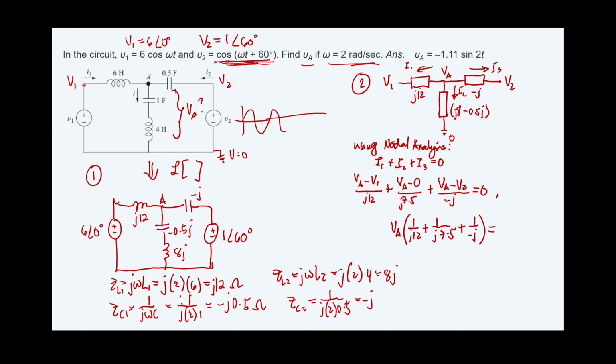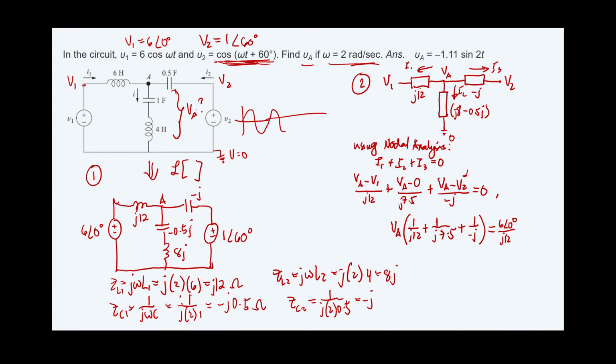So negative V1 over J12 transposed becomes 6 angle 0 divided by J12, and then 0 over any value is 0, so the 0 here is ignored, so it doesn't add.